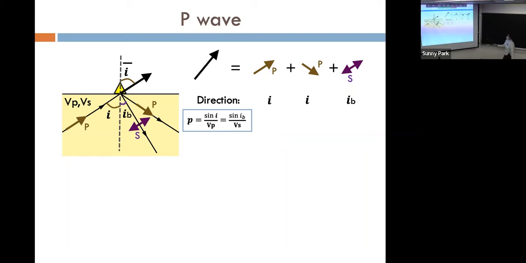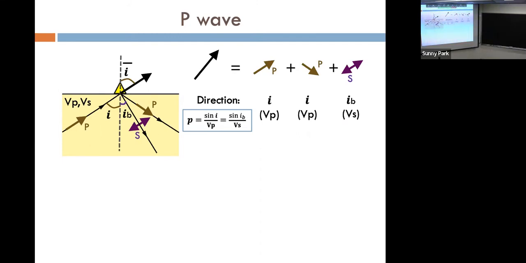So we have something like that for the angle. Before we go into amplitude, just note that this angle I is only a function of Vp, and this angle IB is only a function of Vs, because this value is constant.